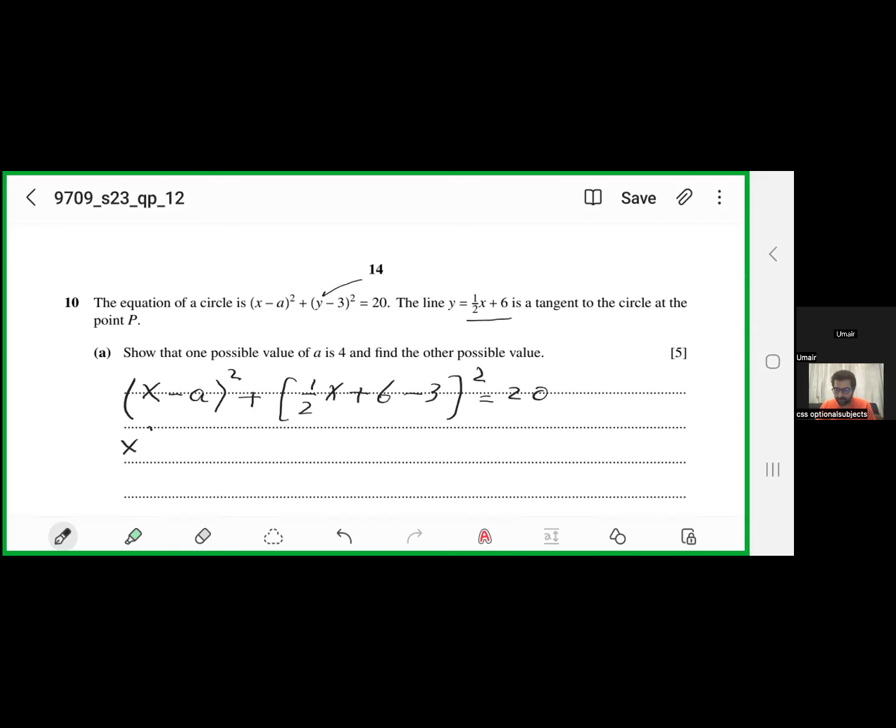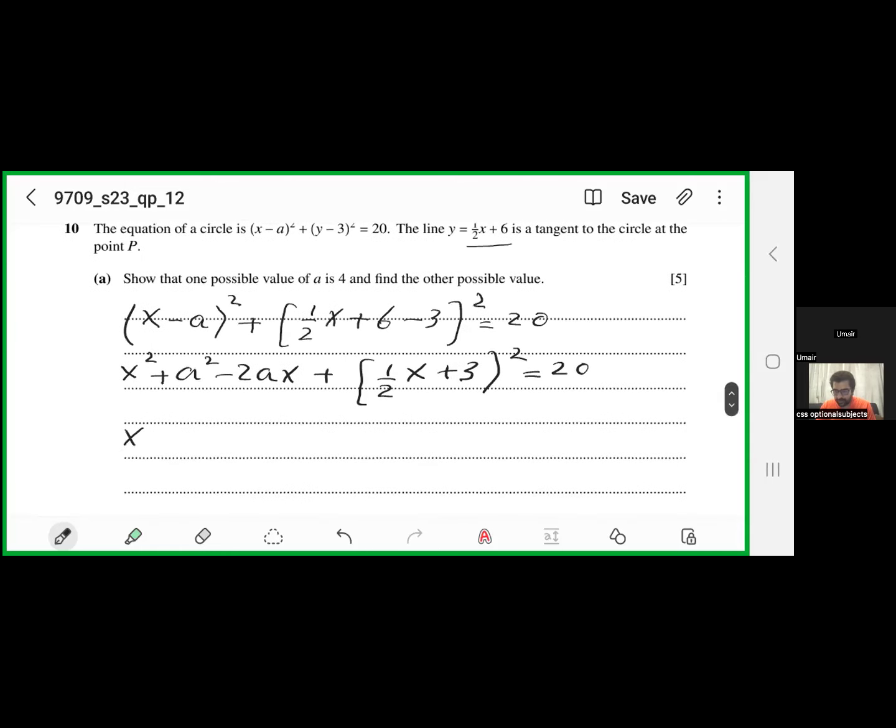This will be x square plus a square minus 2ax plus, this is 1 by 2x plus 3 square is equal to 20. This is x square plus a square minus 2ax plus, this is a plus b whole square formula that will be used over here.